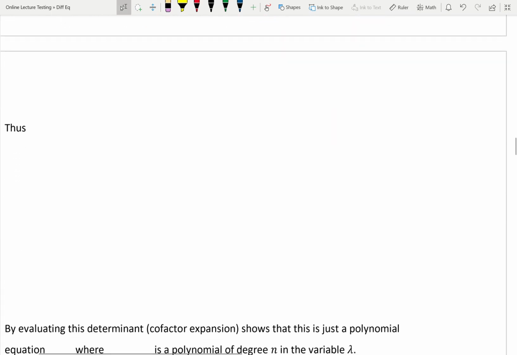Thus, what we want is the determinant of A minus lambda I. So if I subtract these, remember A is these constant values.